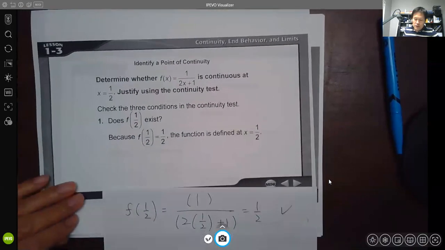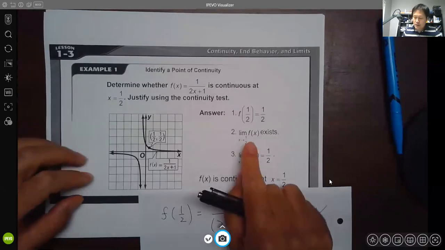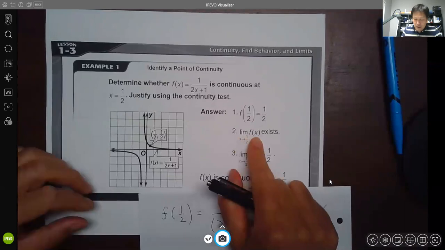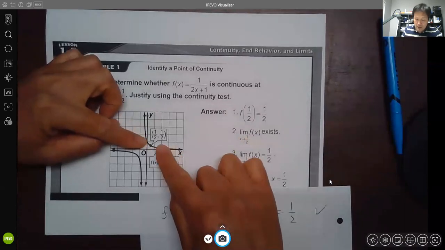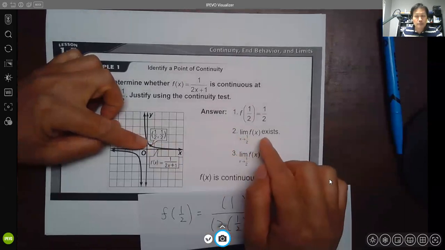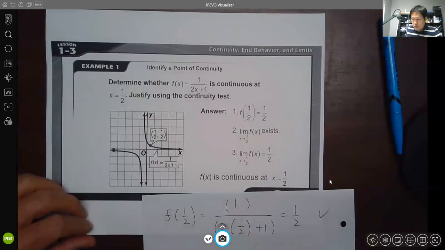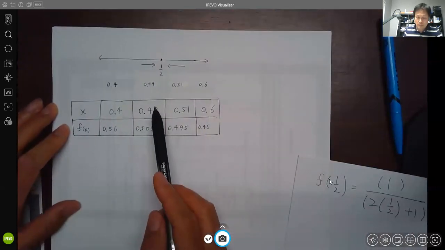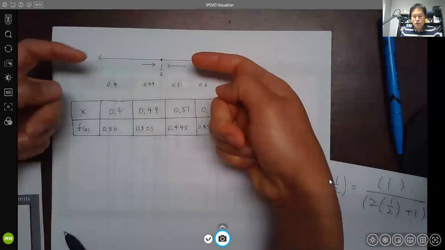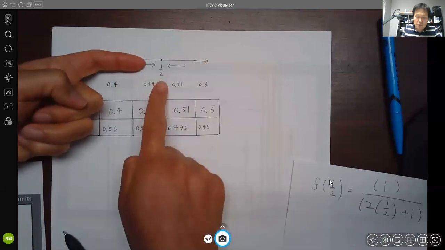The second condition is the limit. Does the limit of f of x as x approaches 1 over 2, from the left-hand side and right-hand side, exist? How are we supposed to check that? You can make a table. x is approaching 1 over 2, which is 0.5.